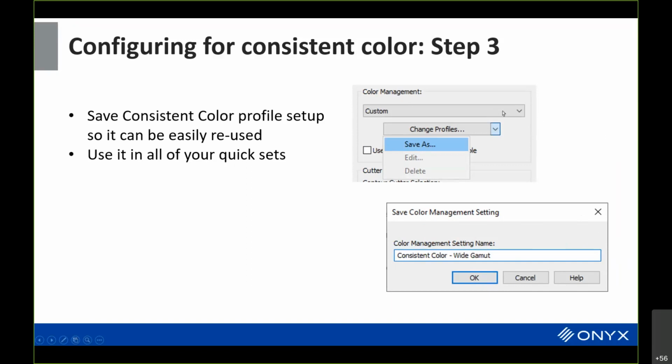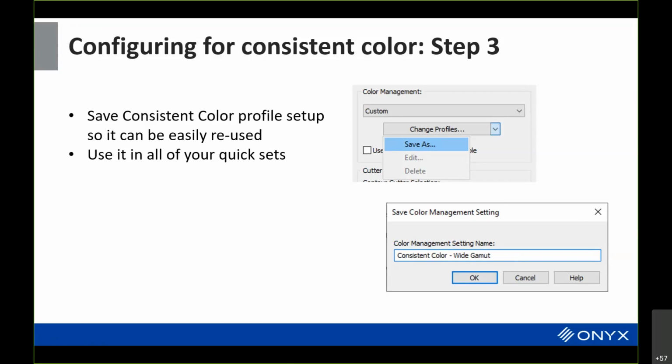You have all profiles on. Once I'm done with this, I will have the ability to select consistent color wide gamut. So it makes it very easy for me to use that. I can also use it in your quick sets and save and do your processing so that it uses the color management the way you intend to have it.